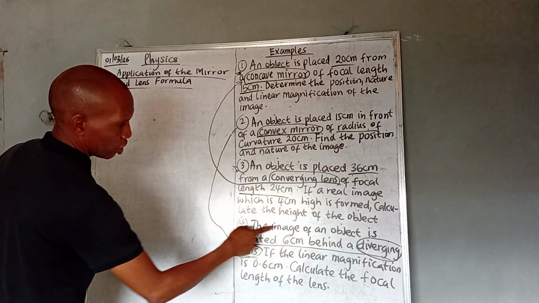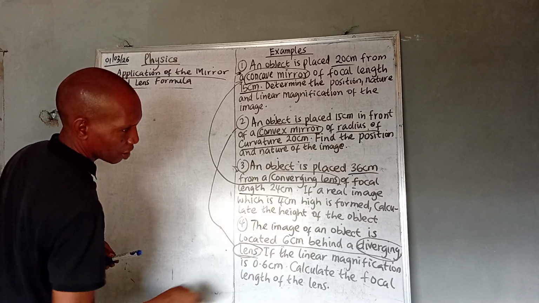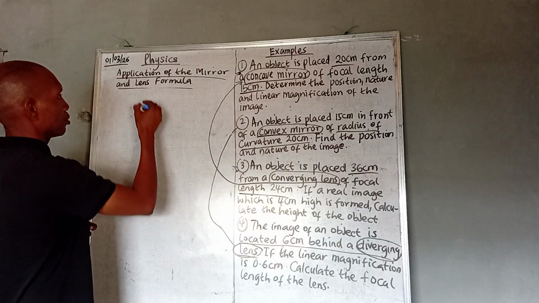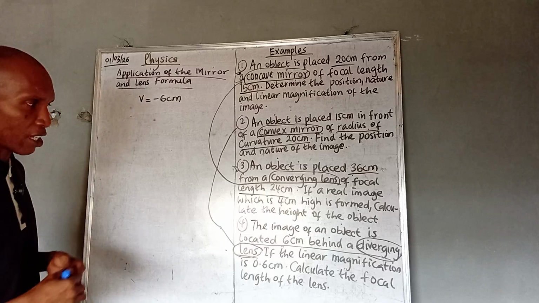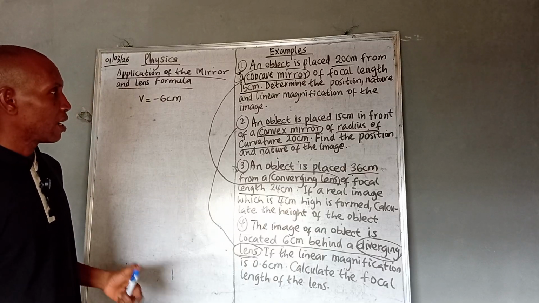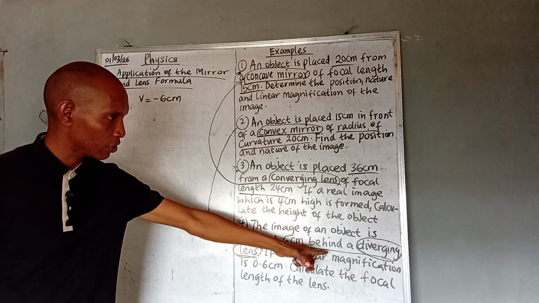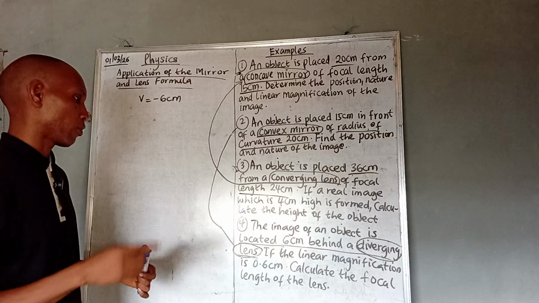So the image of an object located 6 centimeters behind a diverging lens means V is equal to minus 6 centimeters. Why negative? Because a convex mirror, as in question number 2, and a diverging lens both form one type of image.